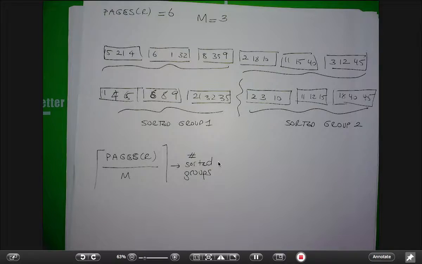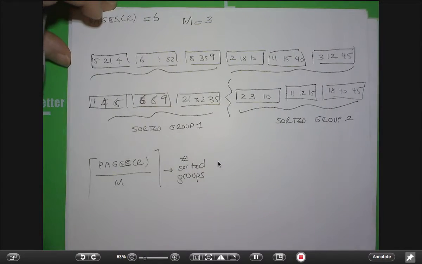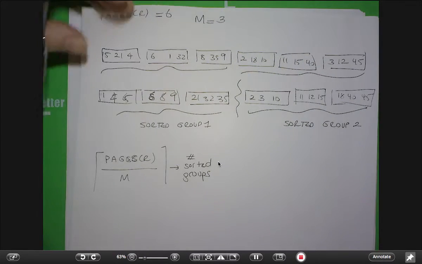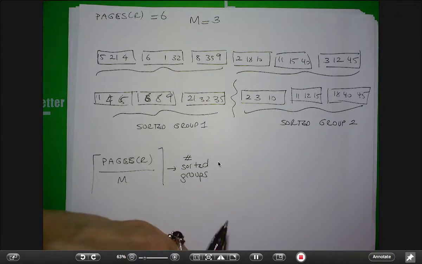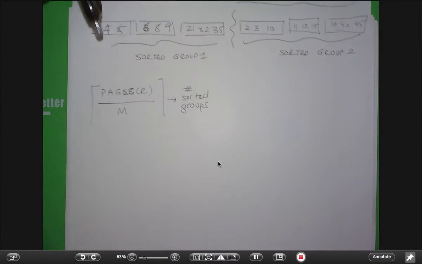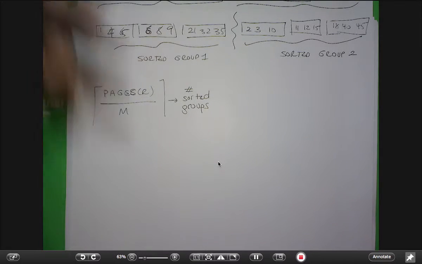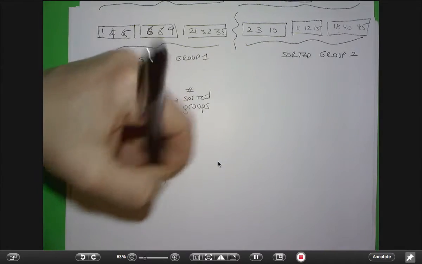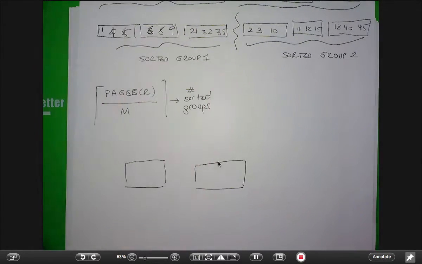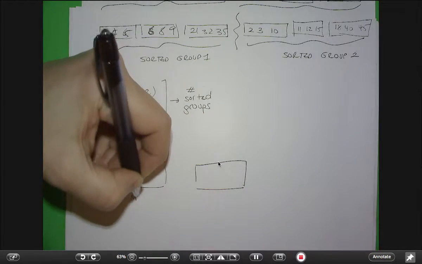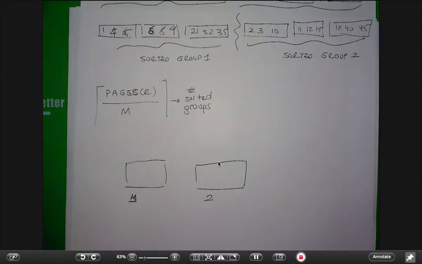Okay, so let's see what happens here. Basically, I'm going to do the same thing here. Now I have 3 blocks, m is equal to 3, the same m that I had before, but I only need 2 because I have 2 sorted groups. So I'm going to use 2 blocks and read the smallest block from each one.